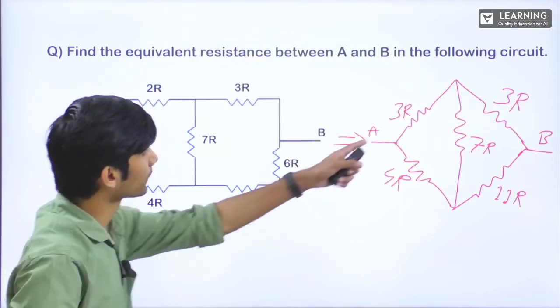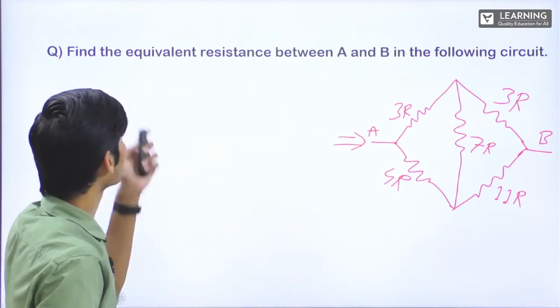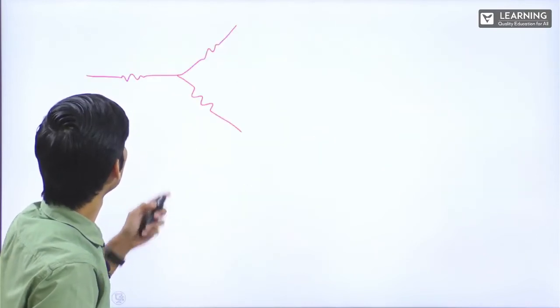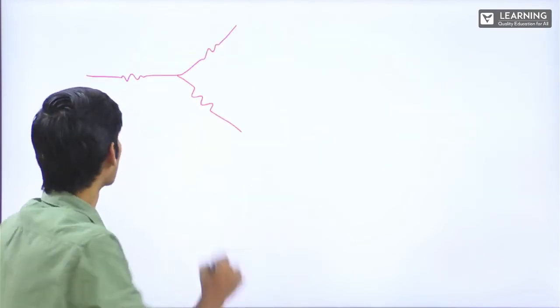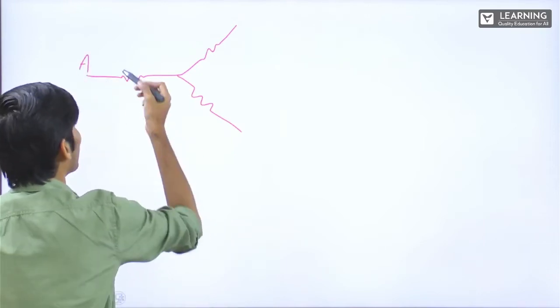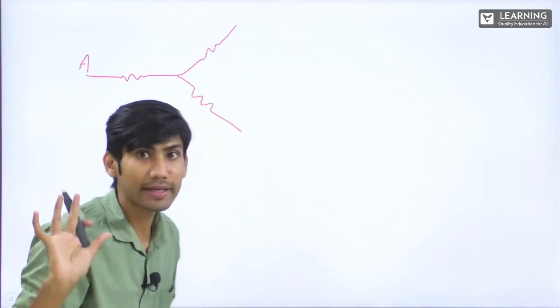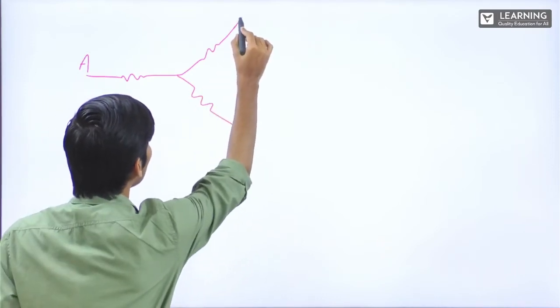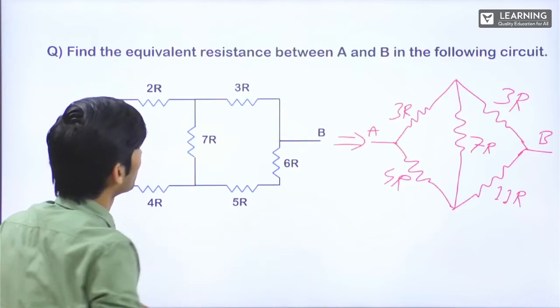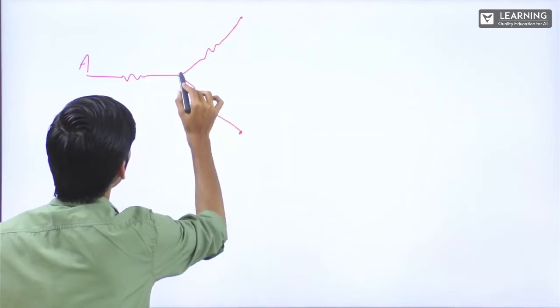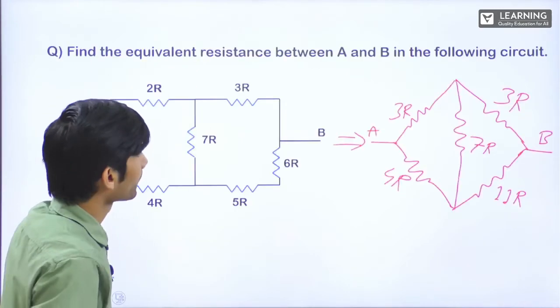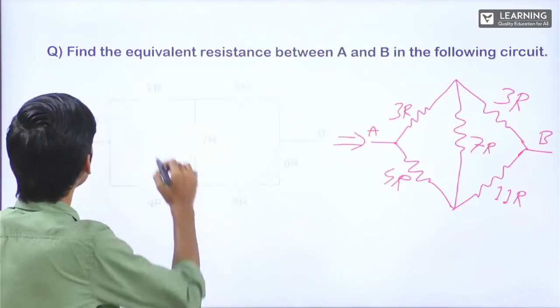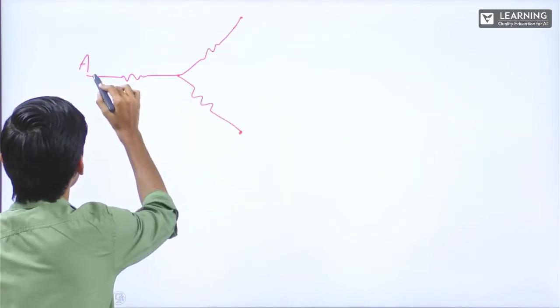Now see, this delta I have converted into star. This is point A. What these resistances will be currently I don't know. Okay. But I know this is one point, this is one point, and after this also there will be one point. See here, A is there, this is this point, right?